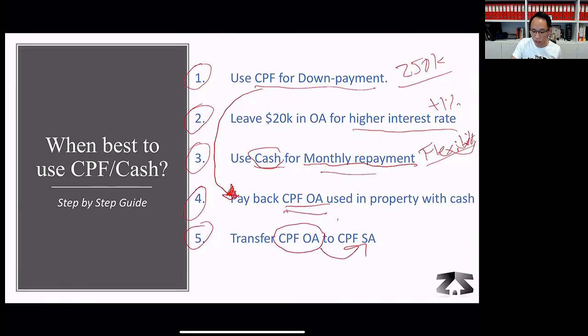By doing this, you get a higher return from your CPF. Bear in mind, in step 3 there's flexibility, remember, but here it is irreversible. Once you transfer to your SA, you cannot transfer your SA back to your OA. Because of that, you cannot use that amount of money for your property anymore, because you cannot use any money from SA to pay for property-related payments.